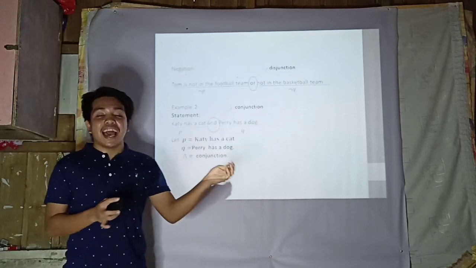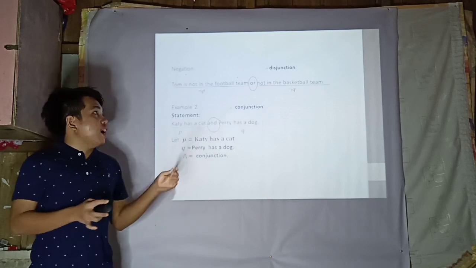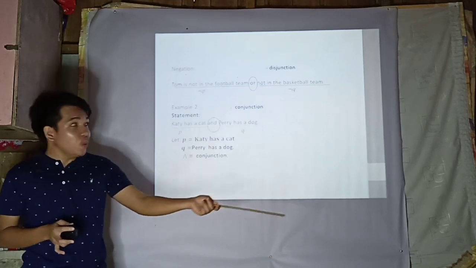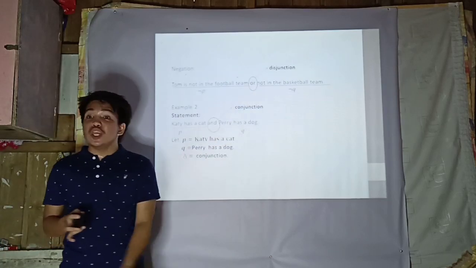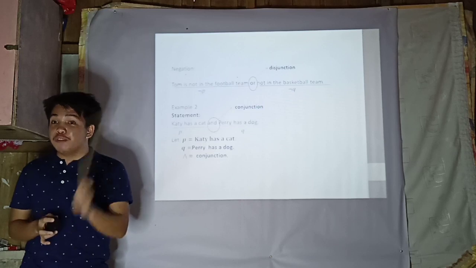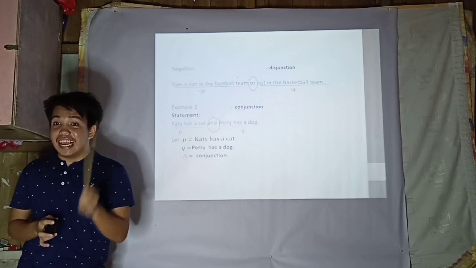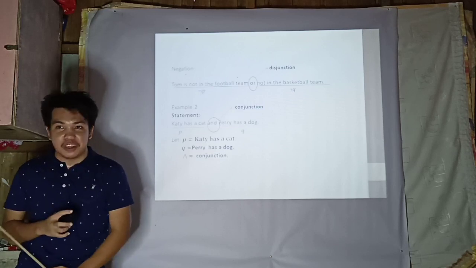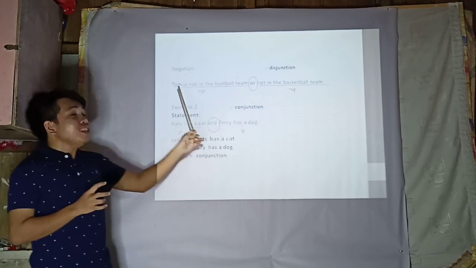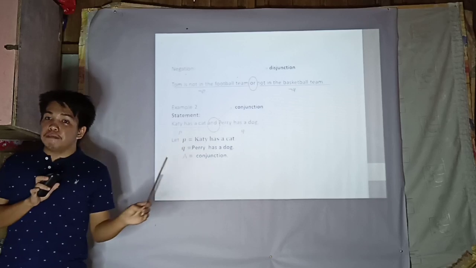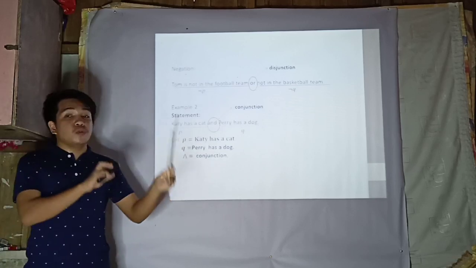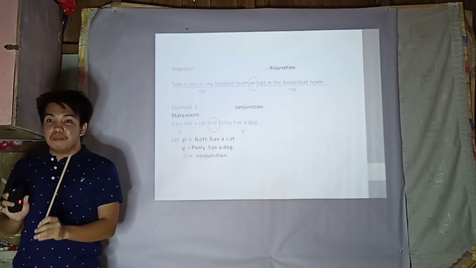So we have the conjunction earlier. Now we negate the statement into "or", into a disjunction. We must follow the process in negating a statement. The rule is, all the positive statements will become negative.